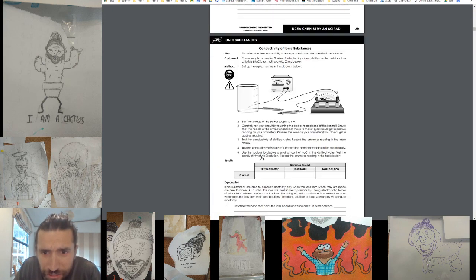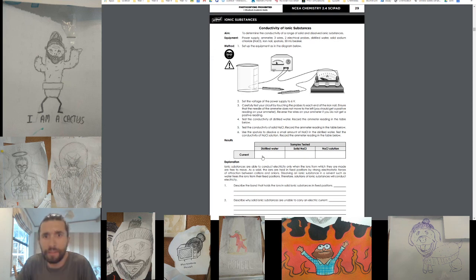Also on this page, it's another practical, which we won't be doing, but it's basically measuring how electrical current goes through distilled water, solid sodium chloride, and sodium chloride solution, or sodium chloride dissolved in water, salty water. You might be able to guess the answers yourself. Distilled water has no particles dissolved in it, so that is going to have a current of 0 amps.